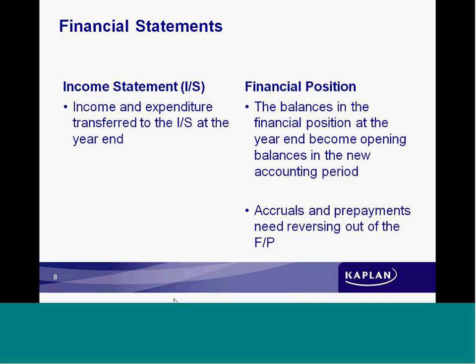Those accruals and prepayments that we posted in 2012 in the financial position as an accrual or as a prepayment don't disappear as they do within the income statement. So what we could do is leave them there in the financial position, but we wouldn't be showing our accounts in a true and fair view. At the beginning of the new financial year, we effectively need to reverse them out of the financial position.